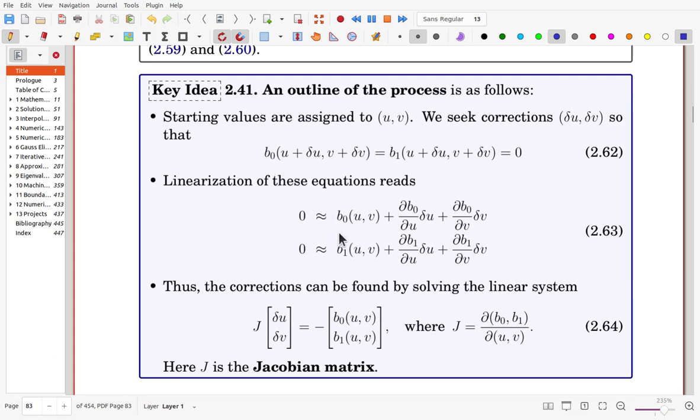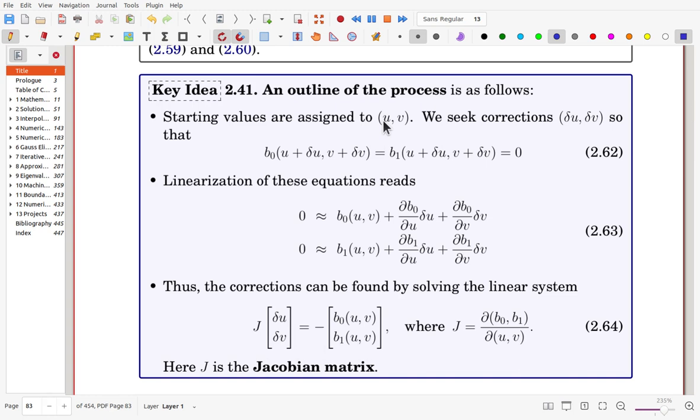So around u, v, along with this perturbation, we make a linear expansion, and second order terms are ignored. If we collect these four derivatives, that is a Jacobian. Then the Jacobian times delta u, delta v equals the negative of the function vector. So after solving this system, delta u, delta v is found, and now we can update u, v.